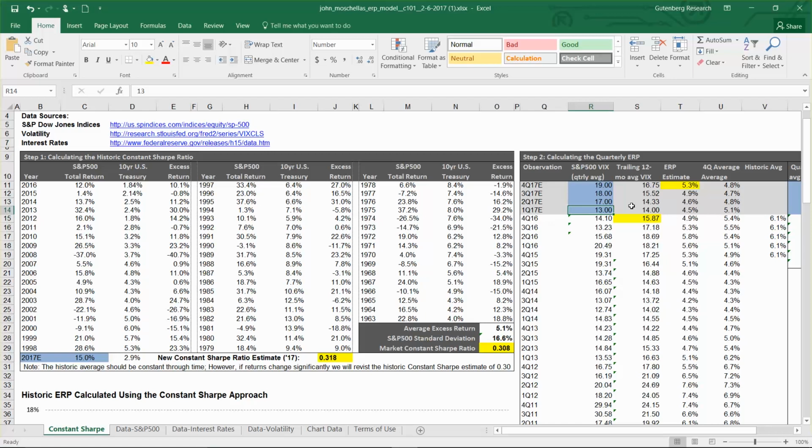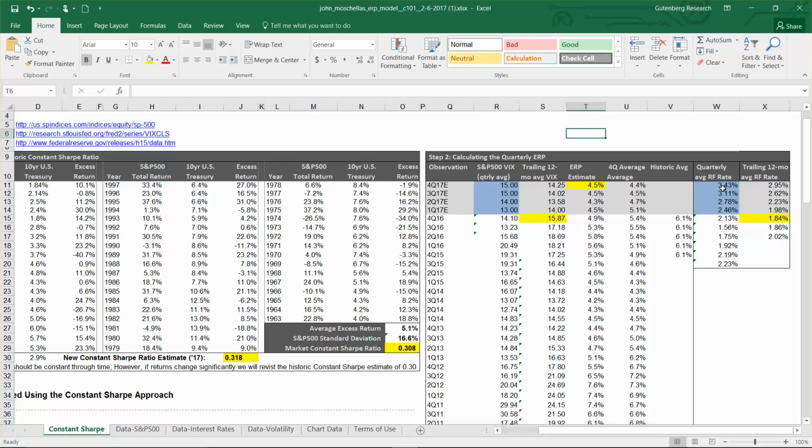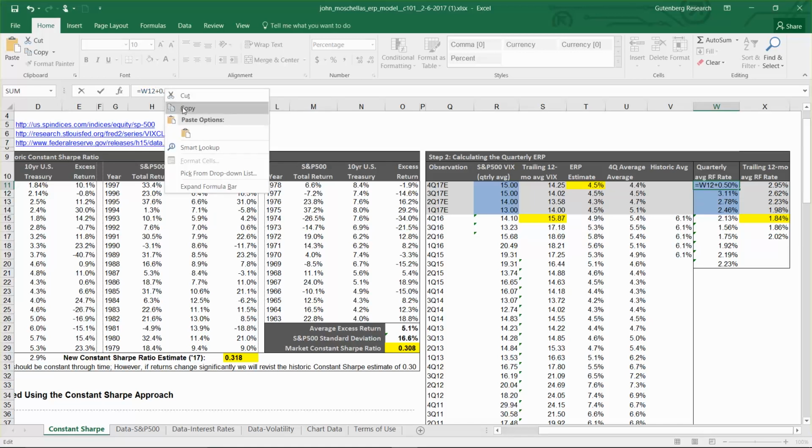And let's say that you think the volatility will stay somewhat stable. So you're going to replace my estimates with whatever you think is a fair estimate there. And maybe with the improvement in the economy, we'll see a faster increase in interest rates. So we'll add 50 basis points each quarter.